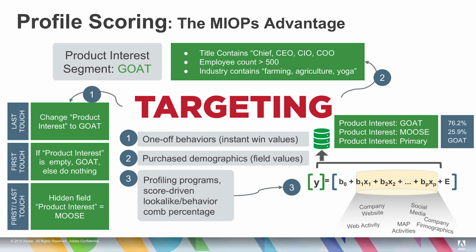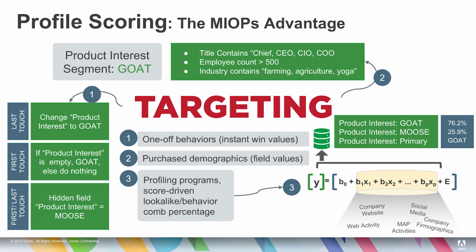I'm going to talk to you about the third one, which is profiling programs based on marketing intelligence operations. This is what I consider to be the core advantage in the amount and quality of marketing that a person can do. This is where we determine things like product interest, or you can imagine it's also buyer stage, or persona type, anything else like this.